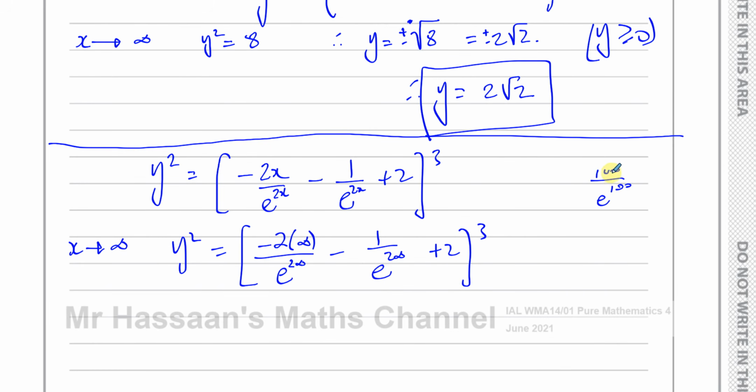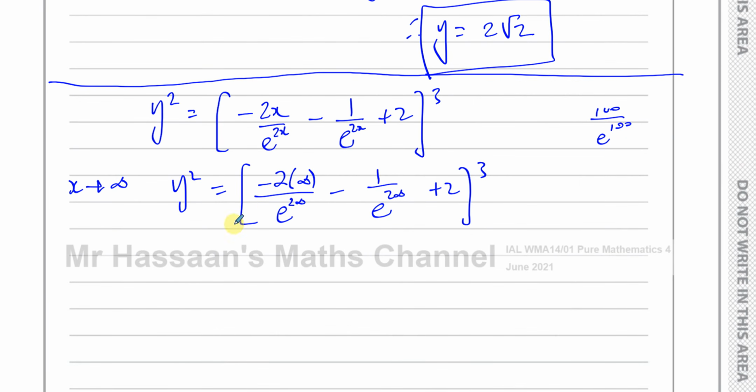When you're talking about infinity, the denominator is really huge compared to the numerator, because you're raising e to the power of infinity. So basically, this is going to become 0, because something over a huge number gives you 0.